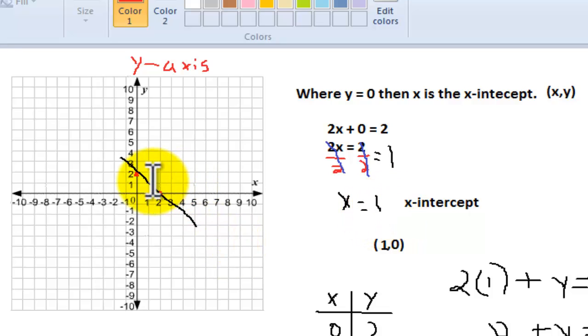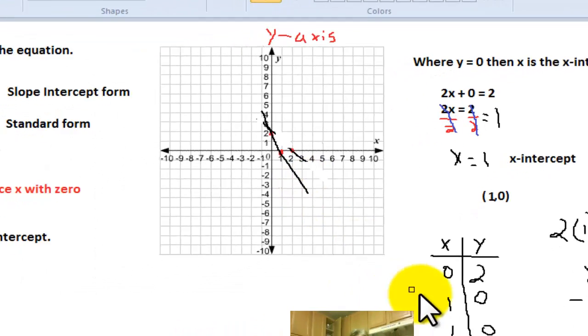So that means I have to redraw this line, because we really have a point of 1, 0. This is too far over here. It's supposed to be here. Oh heavens. So the line really looks like that, and it doesn't look like this. Now I'm going to erase everything. So this line is going like this.